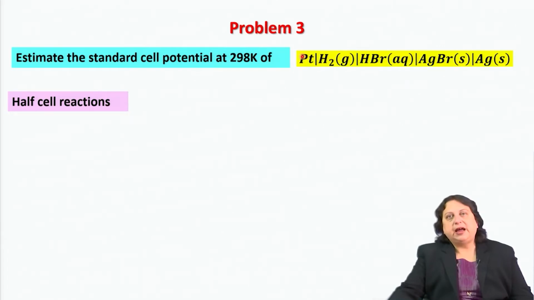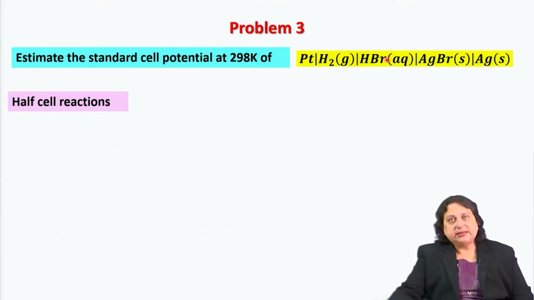But before I do that, let me explain once again what I have over here. On the left hand side I have a platinum wire on which hydrogen gas is bubbled, and this platinum wire is in contact with an aqueous solution of HBr.